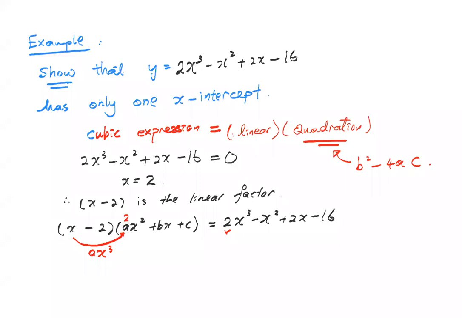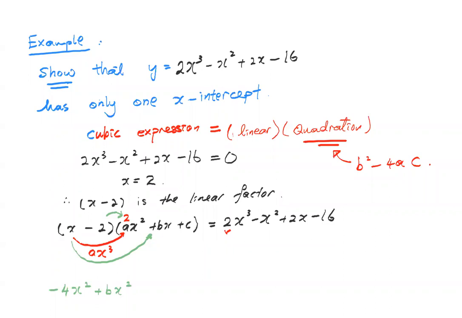So after you get a is 2, I have negative x squared. If I use this to multiply, I got negative 4x squared. Where can I get another x squared? x times by bx, so I have plus bx squared.